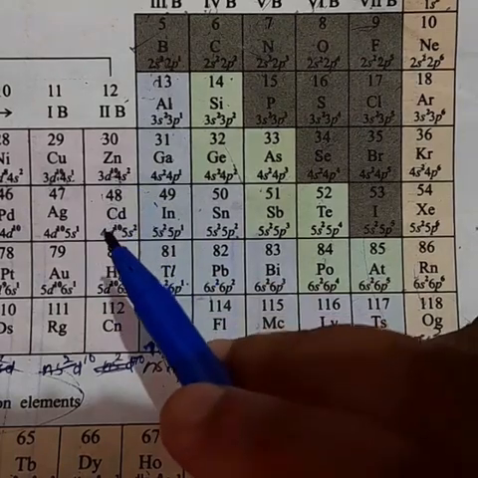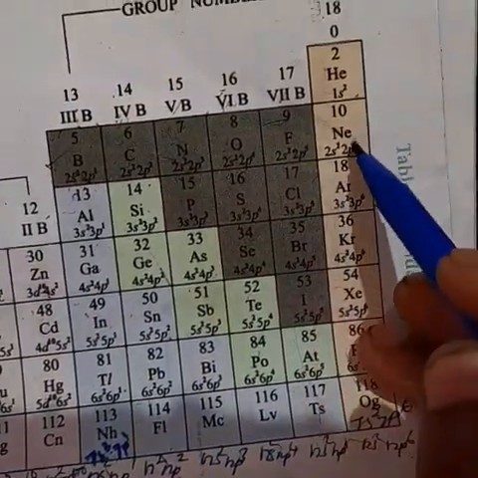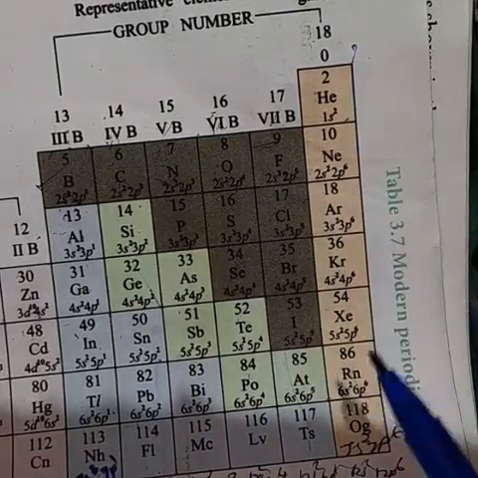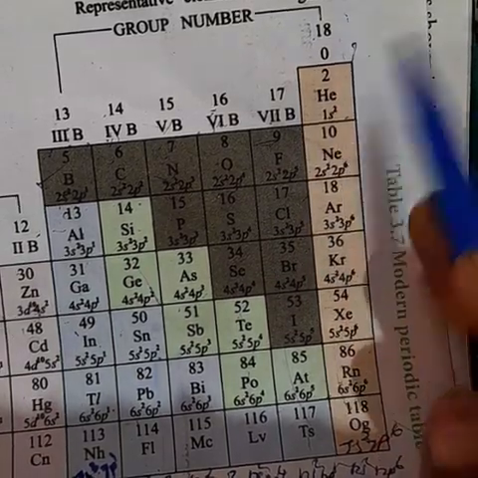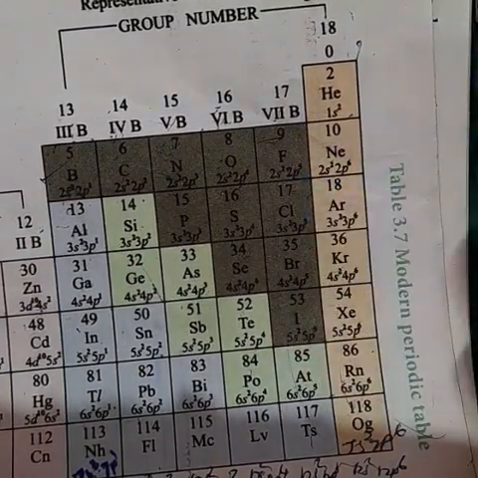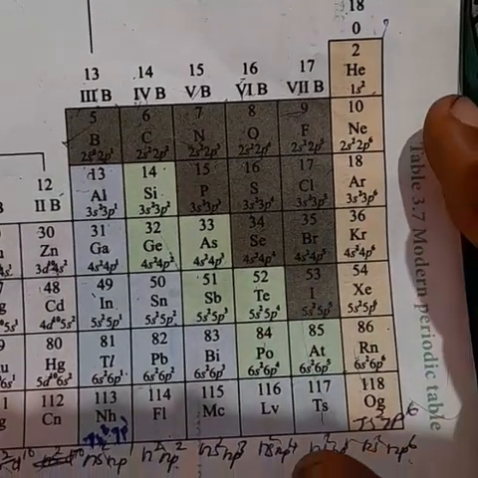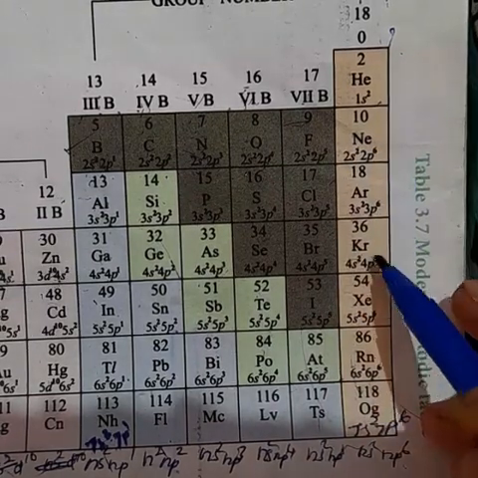Okay, this is the inert gases, the noble gases group. These group 18 elements have a stable electronic configuration, and are otherwise called the zero group elements, noble gases, because they do not react with other elements: helium, neon, argon, krypton, xenon, radon and oganesson.